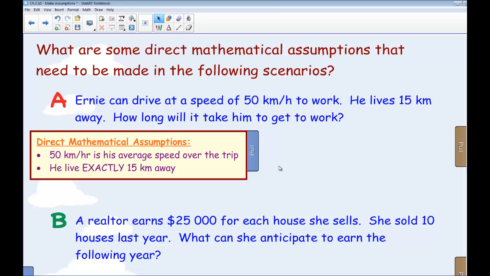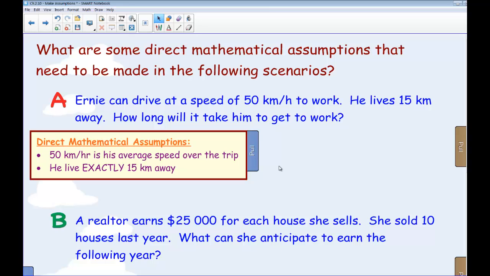One mathematical assumption you need to make is that 50 kilometers per hour is the average speed he's going to be driving over the entire trip. This assumes he's not going any faster or any slower, so not 55 kilometers per hour nor 49 kilometers per hour, for instance. It's exactly 50, which is going to be important for our calculations.